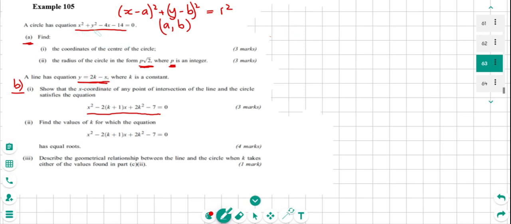So I'm going to replace the y in the circle equation by 2k minus x. So if I do that, what I get is x squared and then plus, and I'm going to put this in a bracket, 2k minus x all squared minus 4x minus 14 equals 0. So I'm going to need to square out this bracket.